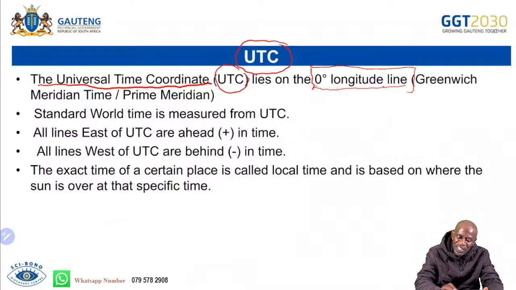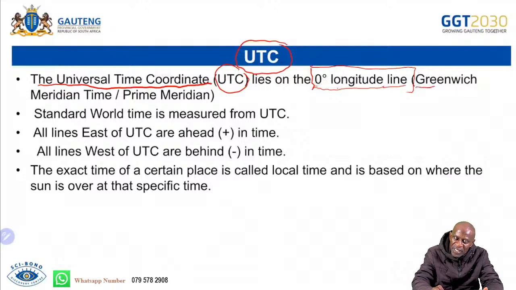It's another name given to the Universal Time Coordinate, which we said is located at 0 degrees line of longitude, which ranges from north to south.